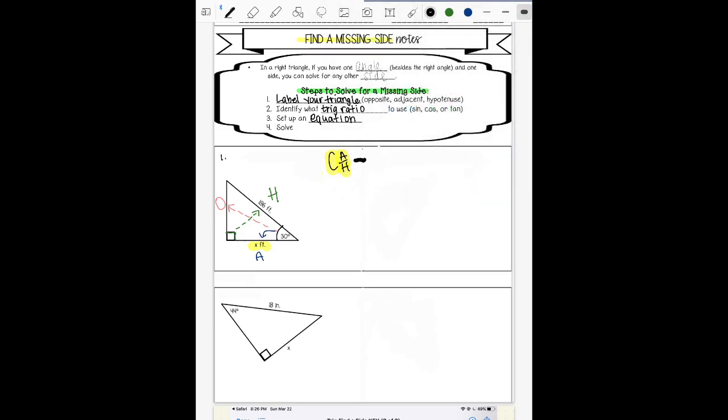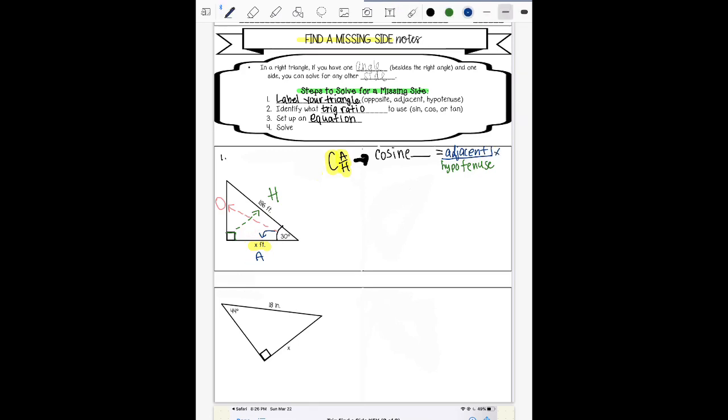So remember, this just means cosine of some degrees equals your adjacent over your hypotenuse. Based on the triangle given, you can already see the adjacent we labeled here is x.